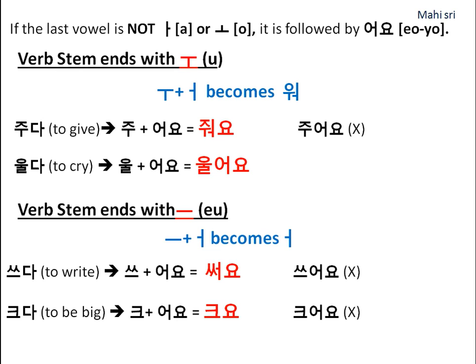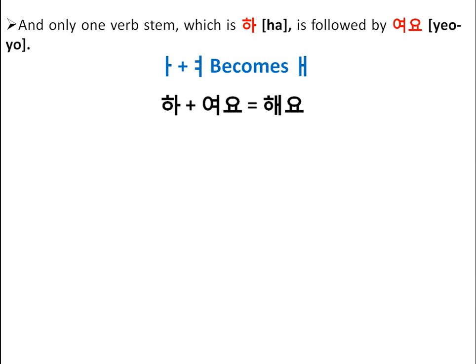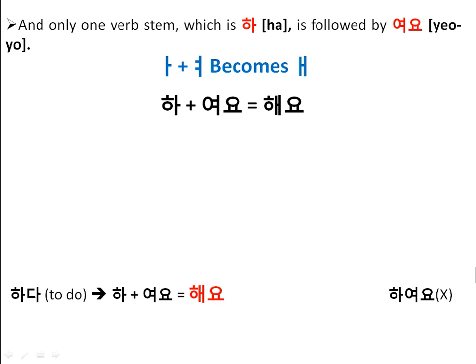Okay. Then a very simple one, the verb stem ending with ha, which are hada verbs. Here see this: ha plus yeoyo becomes haeyo. It's one exception, so basically for all the hada verbs it's just haeyo. Let's see examples.